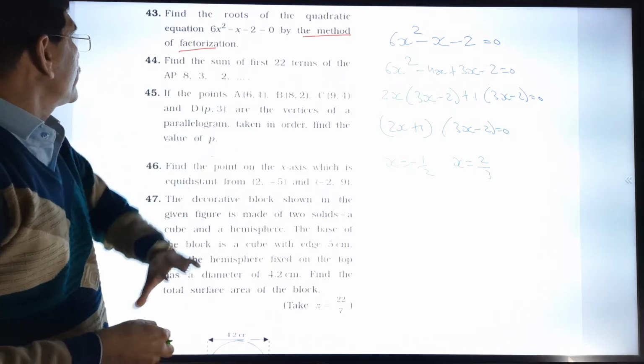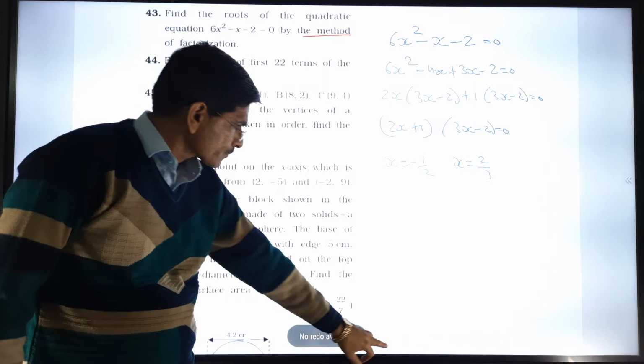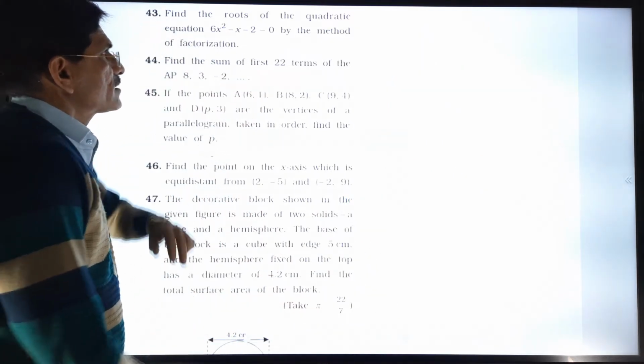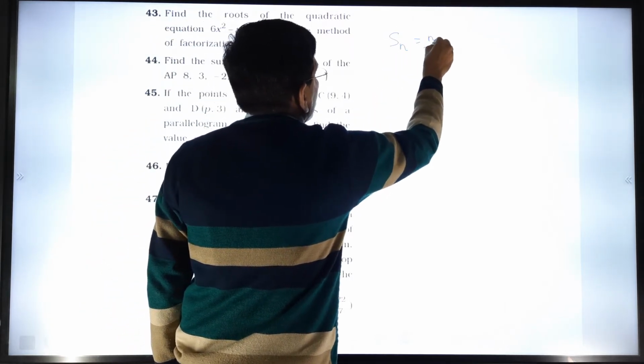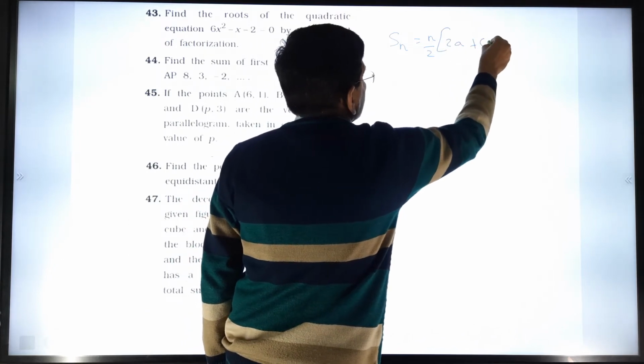Now we concentrate on question number 44. Whenever you write the formula, you will get half marks if the formula is correct. You will get easily half marks.